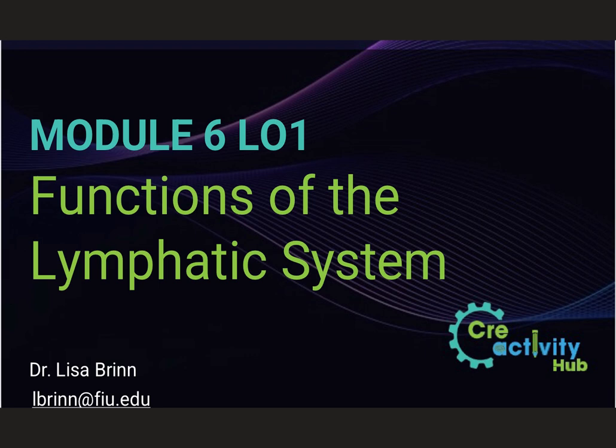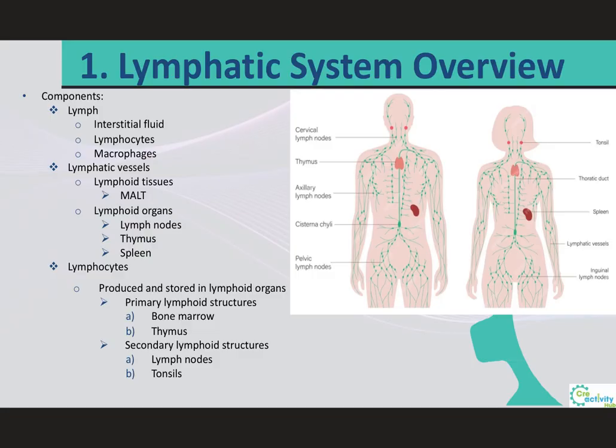So let's get started with our first learning outcome, where we will be talking about the functions of the lymphatic system. The lymphatic system, also called the lymphoid system, has several components: the lymph, the lymphatic vessels, and the lymphocytes. The lymph is the fluid connective tissue that is transported and monitored by this system.